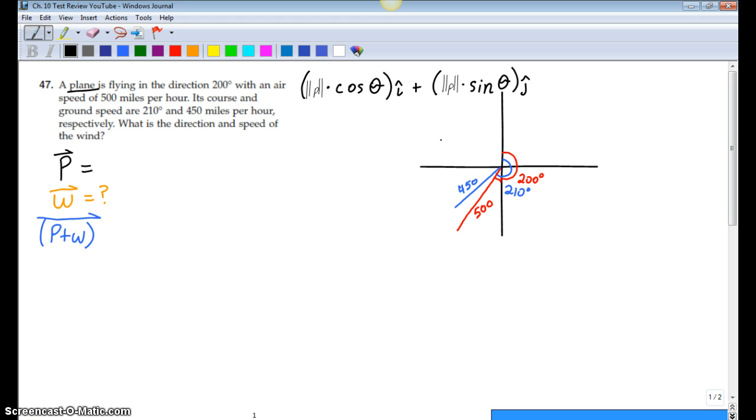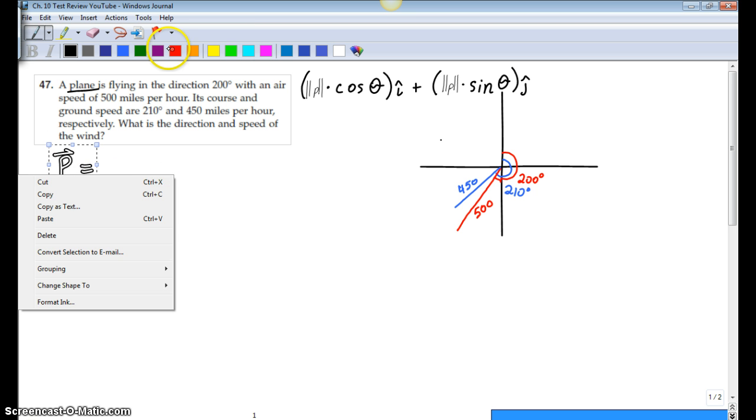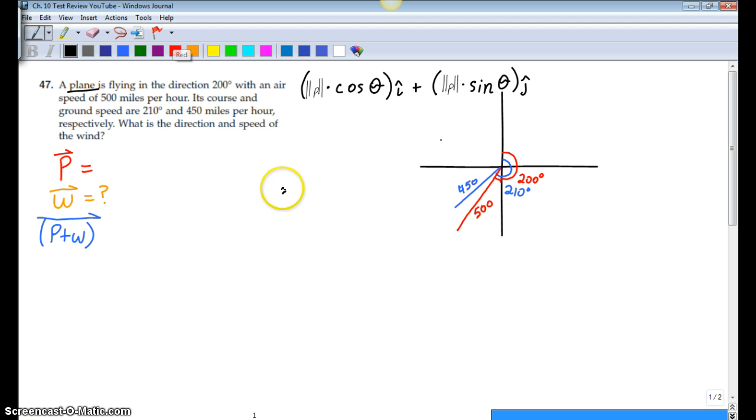Well, the magnitude is easy. The magnitude is the speed of the airplane. It's the theta that's going to be tricky. So let's go back to medium. And P is in our black, and actually we should probably change that to red. So instead of giving the direction 200 degrees from north, a vector always starts from the positive x-axis.